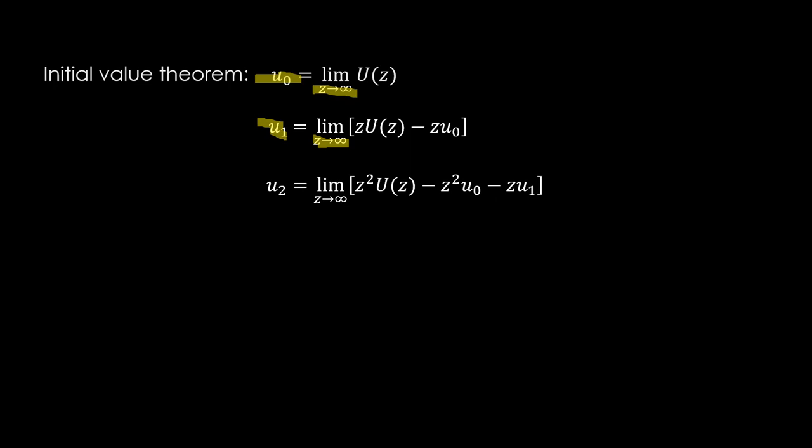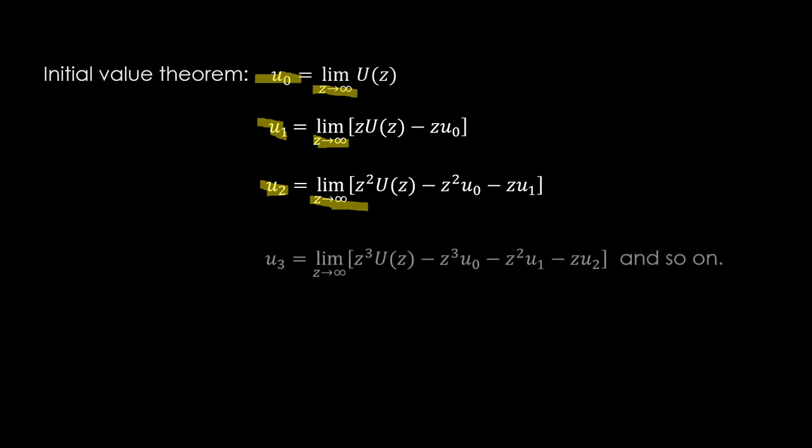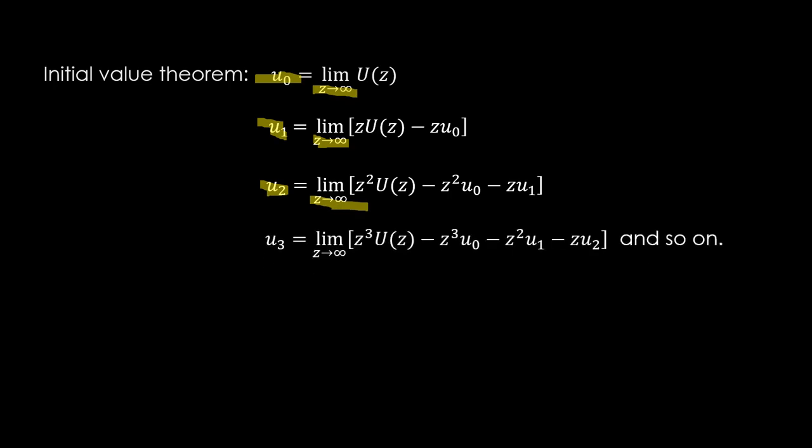Similarly, u2 is equal to limit of z square into U(z) minus z square into u0 minus z into u1 as z tends to infinity. And u3 is limit of z cube U(z) minus z cube into u0 minus z square into u1 minus z into u2 as z tends to infinity, and so on.